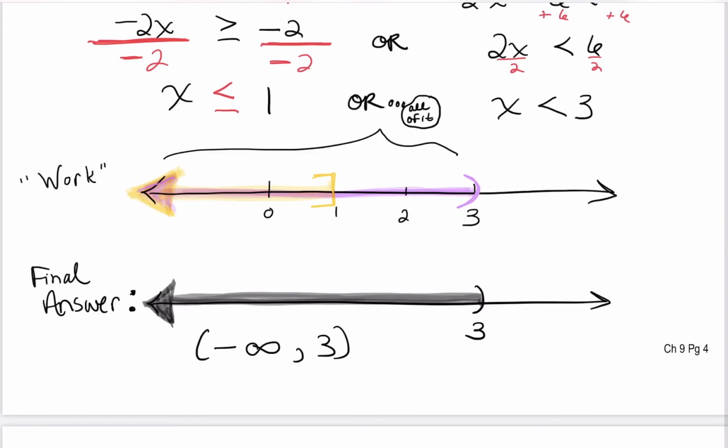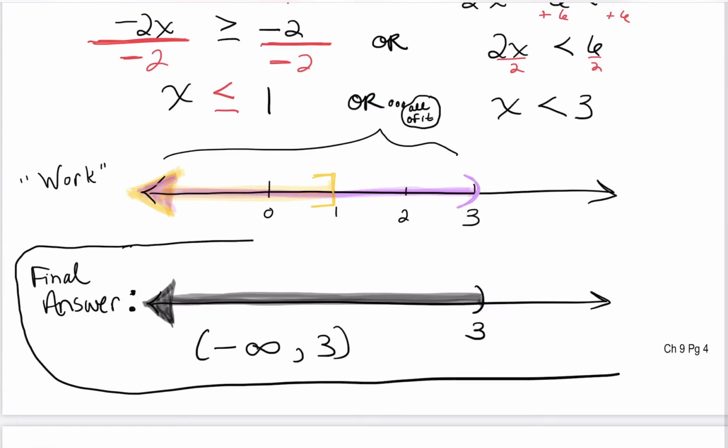That won't always be the case, so you really have to think about what both inequalities are and then what the word is telling you. You can't assume that or is going to go out in opposite directions and and is going to be the center, and here's a good reason why.